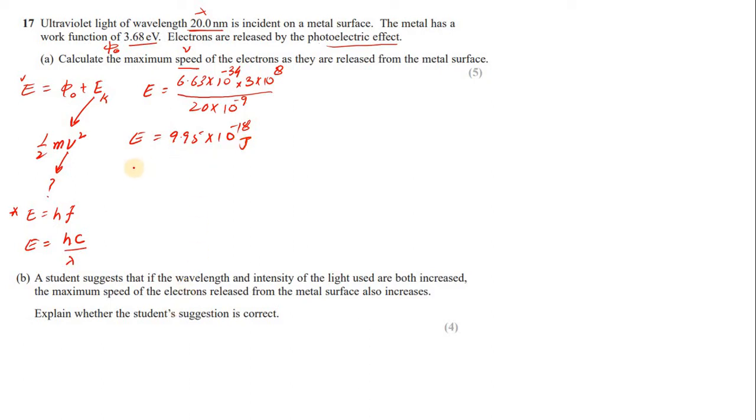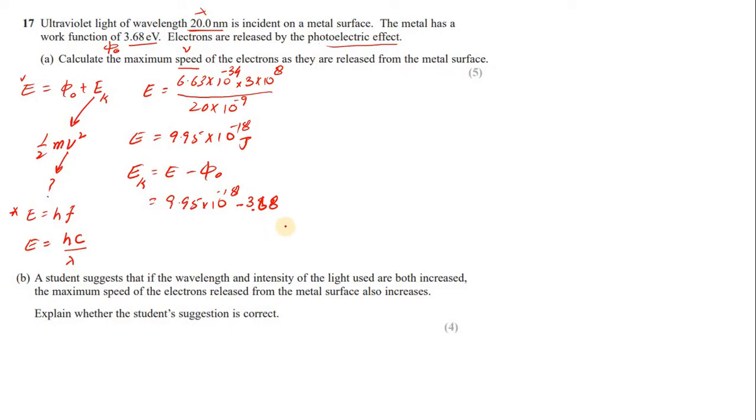Then Ek, the kinetic energy of the emitted electron, will be E minus work function. So E is 9.95 times 10 to the power minus 18, minus the work function, which is 3.68 electron volt.